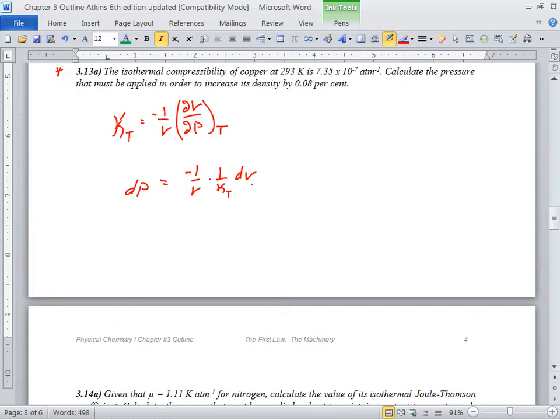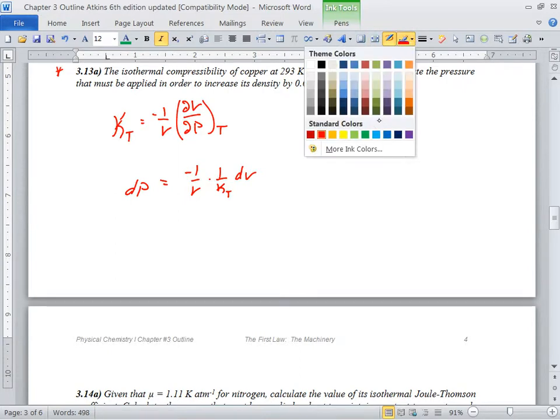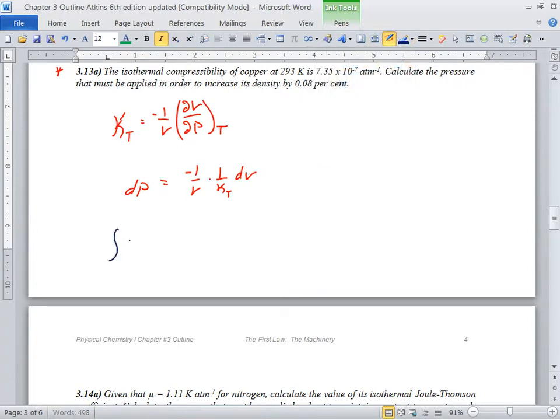Okay, so when I integrate here, I'm going to have to, hang on here, first I need my Pi and I need a Pi and a Pf. I got to put those in, my limits, and then my integral on my volume. Now, is this kappa T isothermal compressibility something you just get from a table?